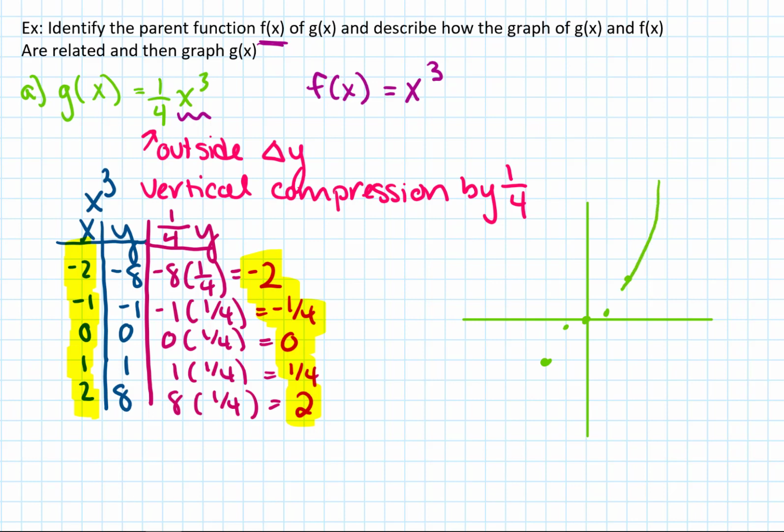Then I'm just going to make the shape of a cubic. Then depending on the question that you're given, you could also be asked to identify domain and range, intercepts, continuity, and behavior. So all of those key characteristics that we've discussed in the past.